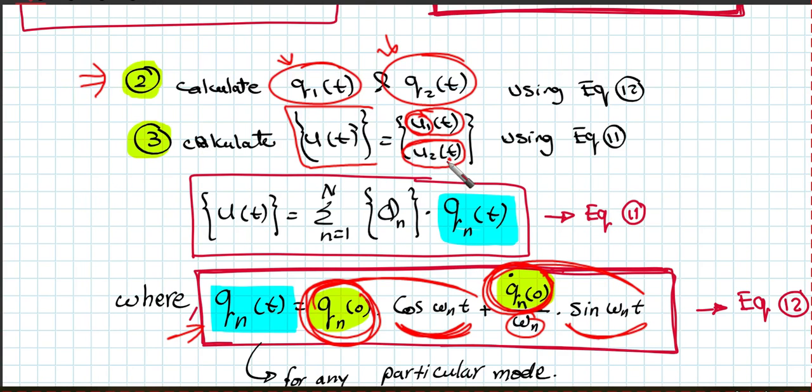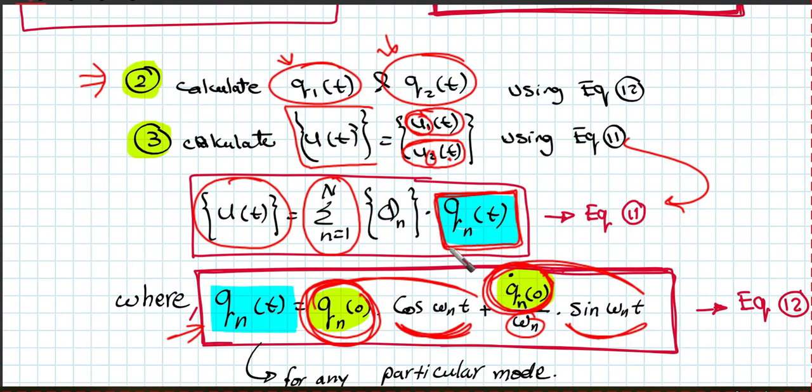So u1 means degree of freedom 1, u2 means degree of freedom 2, and t means at any time. And we are going to use equation 11, based on the modal expansion that we mentioned before. So our total response is going to be the summation of the mode shapes, and every mode shape is going to be multiplied by a weighing factor.